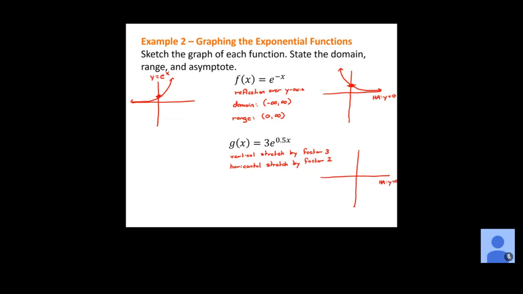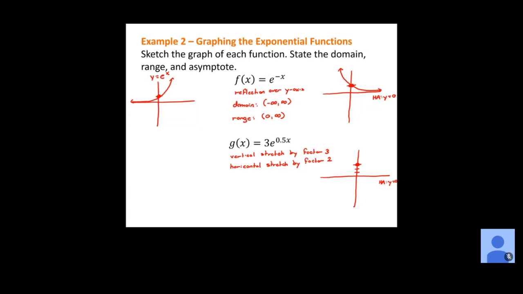Where is the y-intercept going to be? It's going to be at 3. Good. So basically, by stretching it vertically by a factor of 3, we multiply the 1 by 3, and that moves that y-intercept up to 3 now.